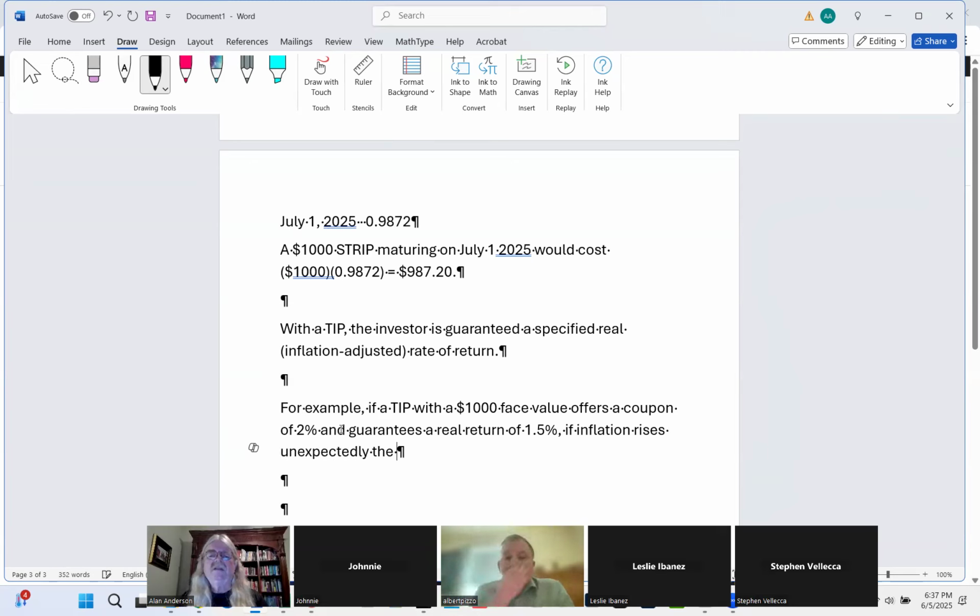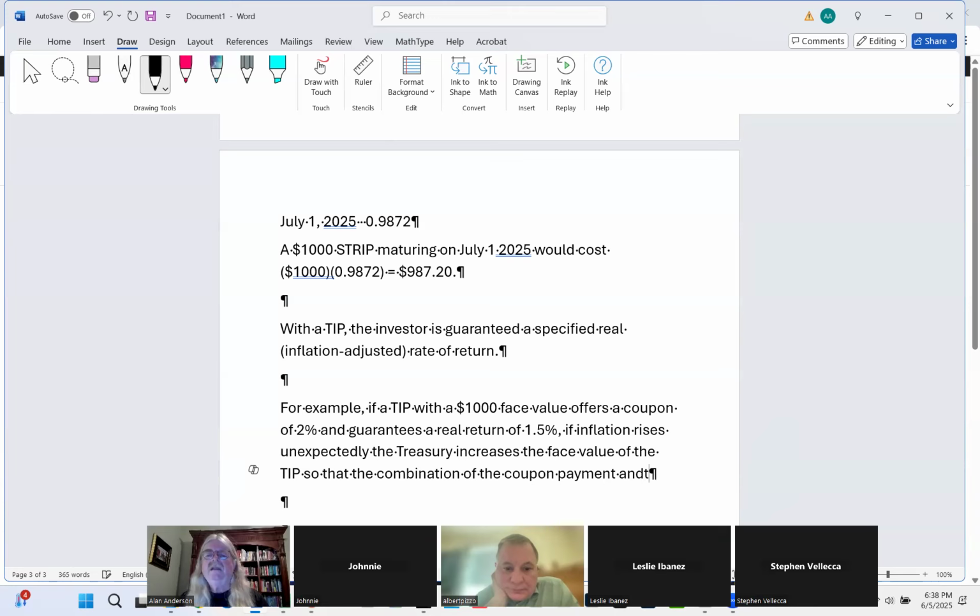If inflation rises unexpectedly, the Treasury increases the principal value or the face value of the TIP so that the combination of coupon payment and the capital gain adds up to the guaranteed real rate of return.